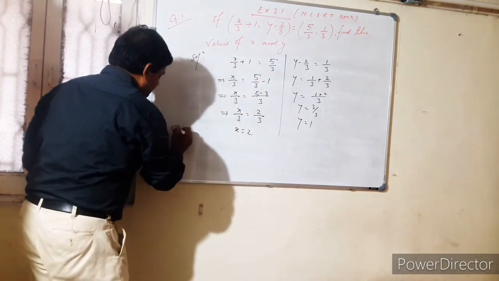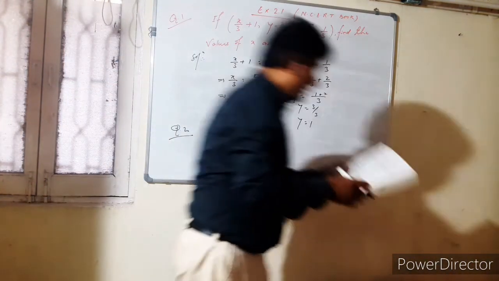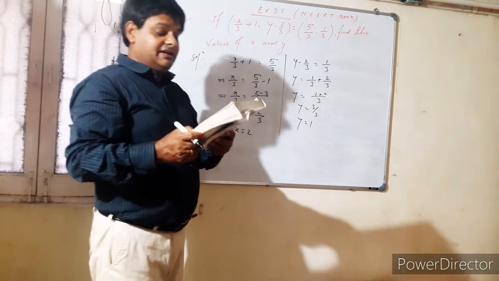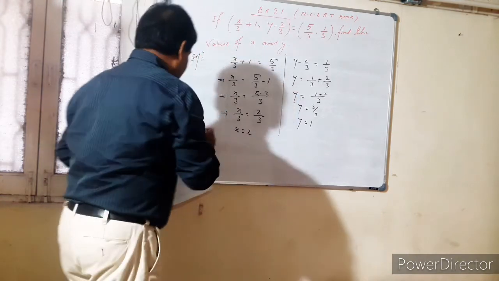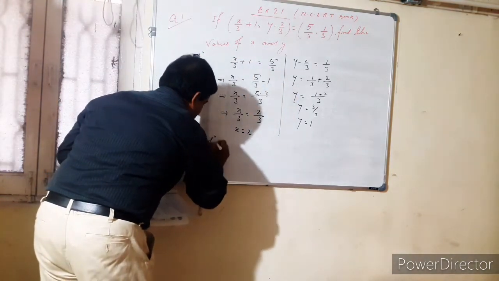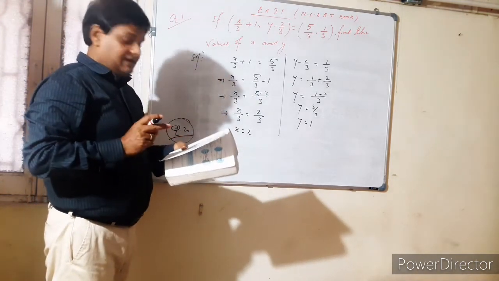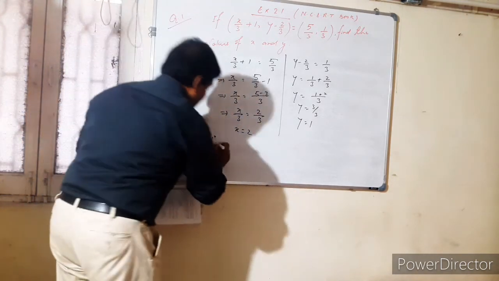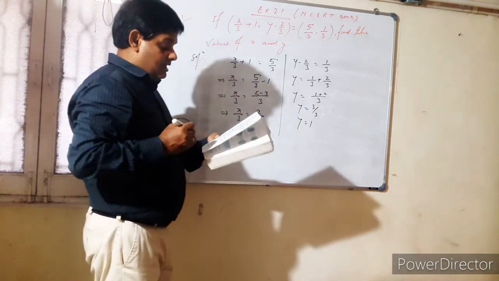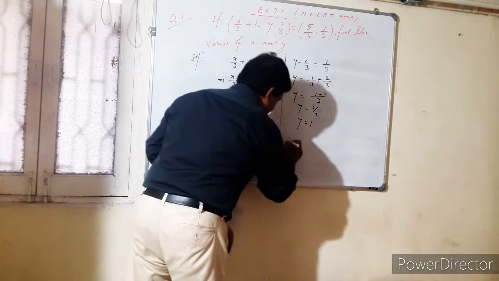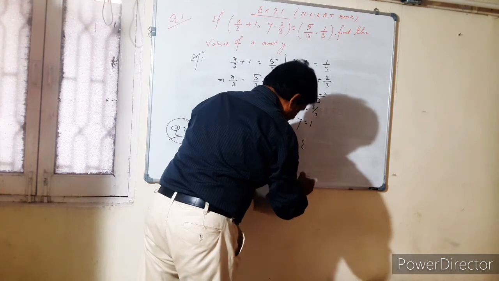Now question number 2. See here, if the set A has 3 elements, so solution here, NCERT question number 2. If the set A has 3 elements, it means n A equal to 3. And the set B is here 1, 3, 4, 5.